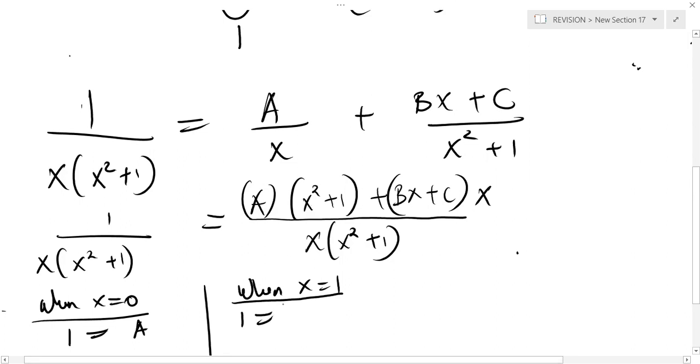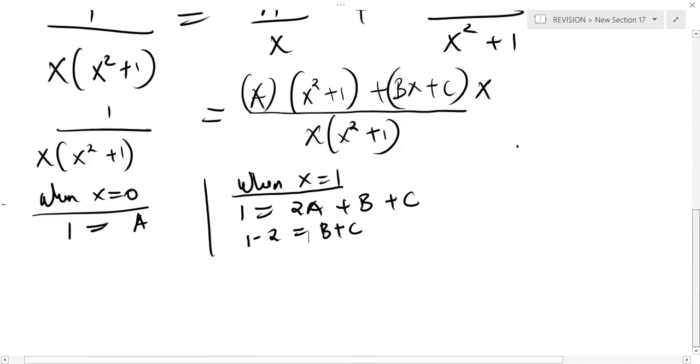That will give us 2A, plus B plus C. Since you already know the value of A is 1, replacing here, we'll have 2. Bringing 2 to the other side, we'll have 1 minus 2 is equal to B plus C. So B plus C is equal to minus 1.